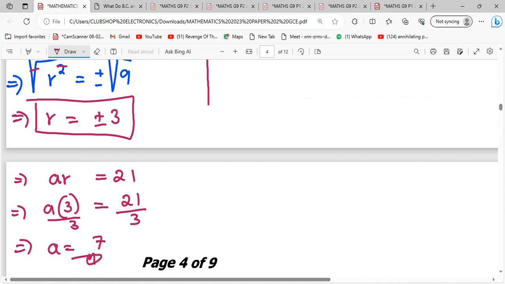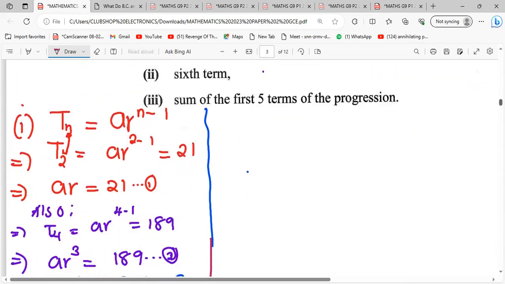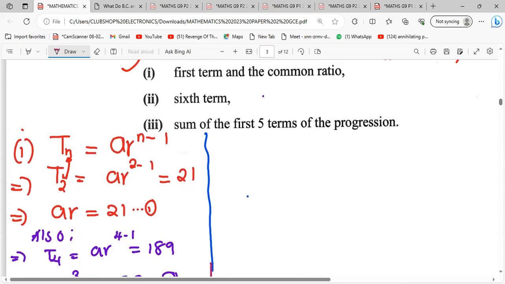But if we are taking negative, it means our A would have been negative. Now the 6th term, number 2, T_n is equal to AR^(n minus 1).